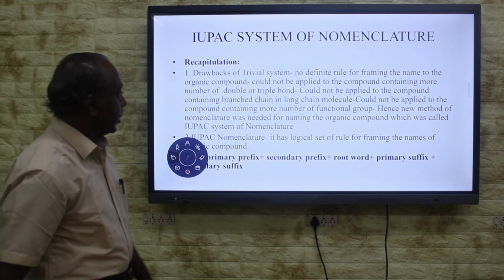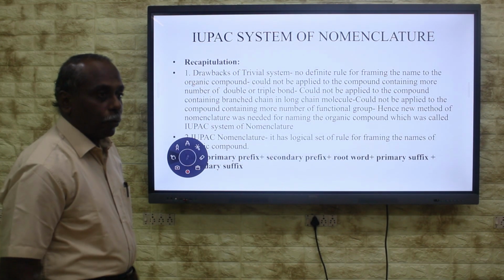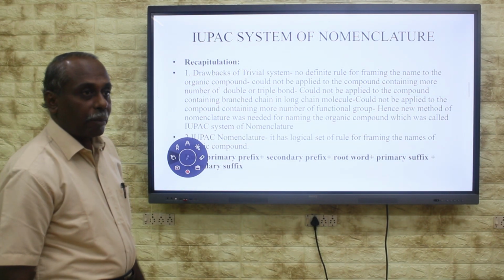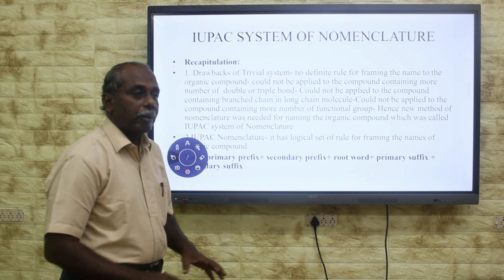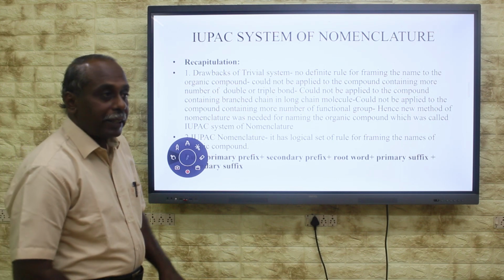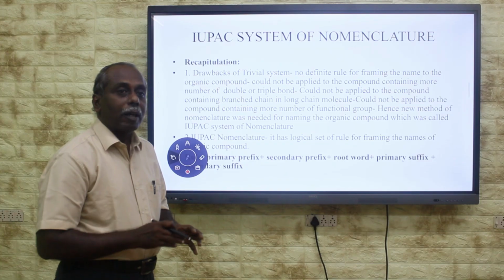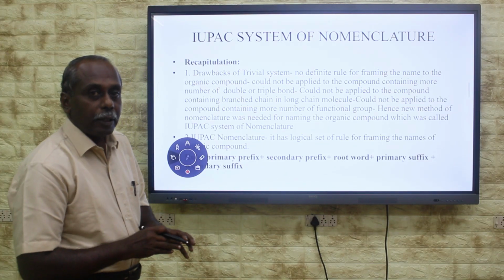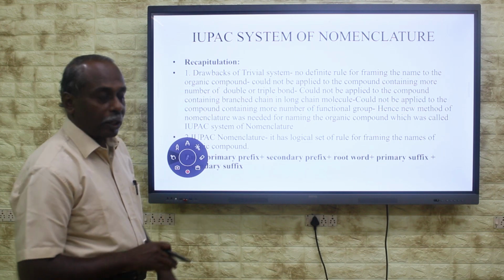Then recapitulation. When we recall why we come to the IUPAC nomenclature, the trivial system of nomenclature has a lot of drawbacks. It could not be applied to all organic molecules because no definite rules are used in the nomenclature.